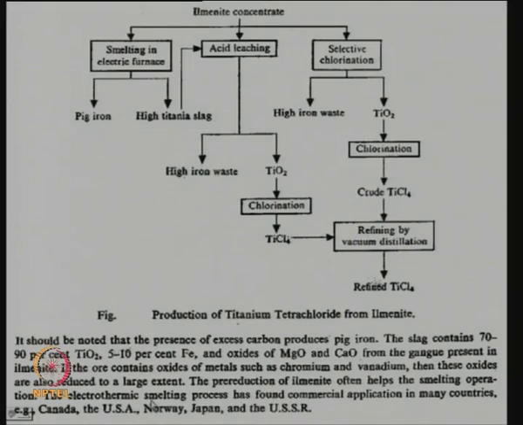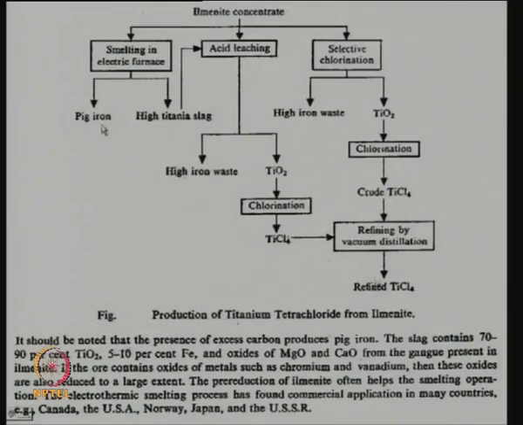The electrothermic smelting process has found commercial applications in many countries: Canada, USA, Norway, Japan and USSR. Actually, it is Canada which first introduced the method that makes better use of the metallic value. You take out iron also, you take out titanium, and you do not have to worry about generating a lot of waste, because in this case you are not generating that iron waste which these routes are generating.